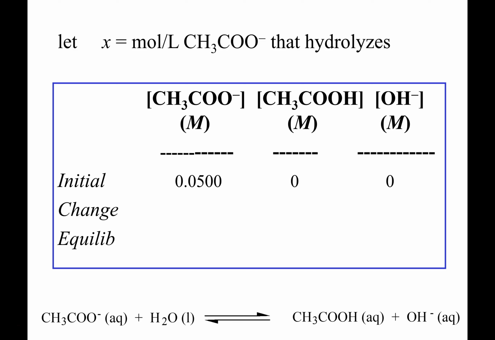Again, we know we have some hydroxide ion because water breaks apart to a certain extent, but with the common ion effect, it works pretty well. Our changes will be negative X, plus X, plus X. So at equilibrium, the concentration of acetate remaining will be 0.0500 minus X, and the concentration of acetic acid formed and hydroxide formed will both be X.